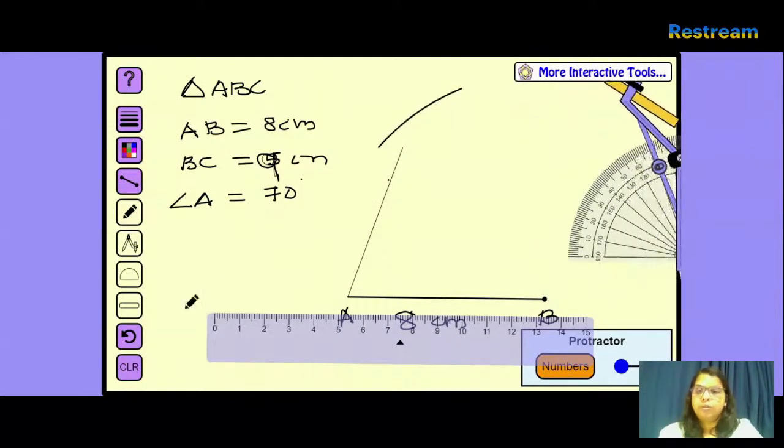Okay, so now we have to extend this line. Okay, now this is going to be a problem. Okay, now this is my point C.